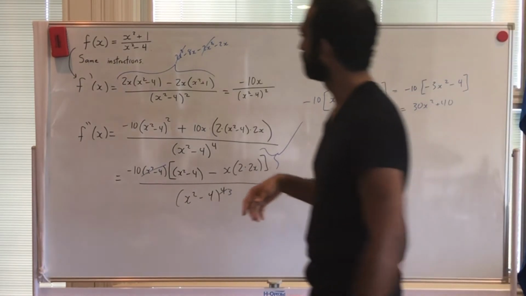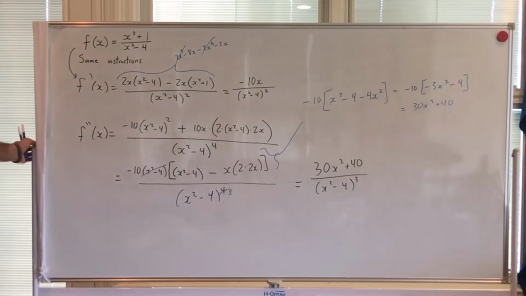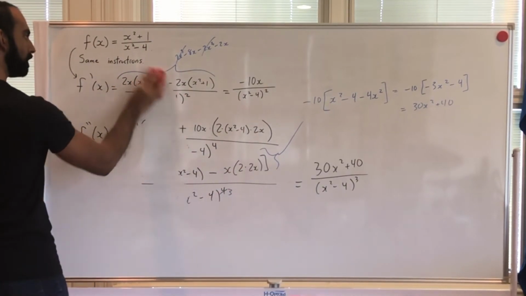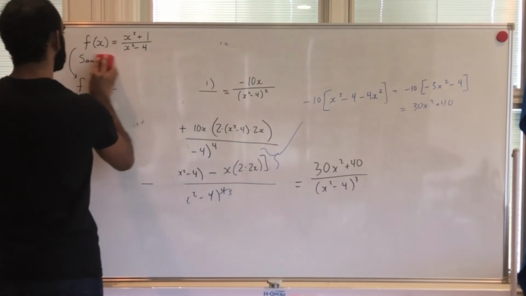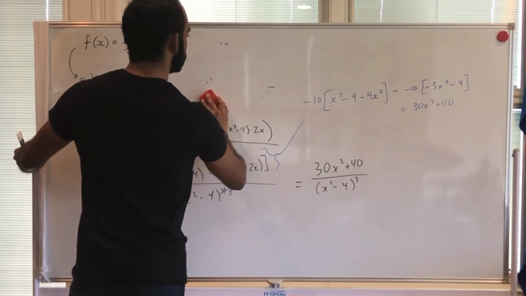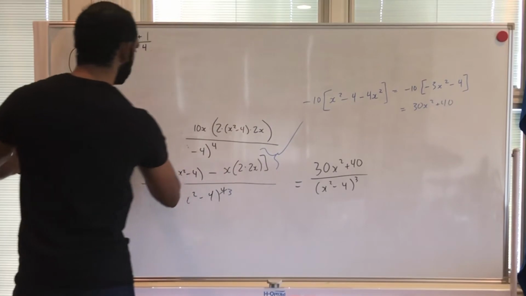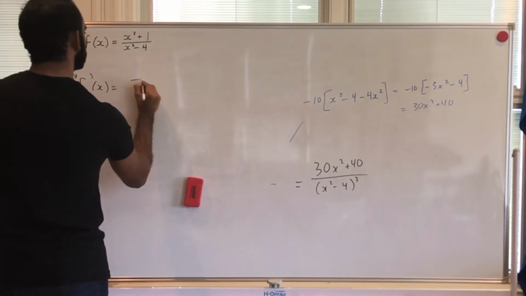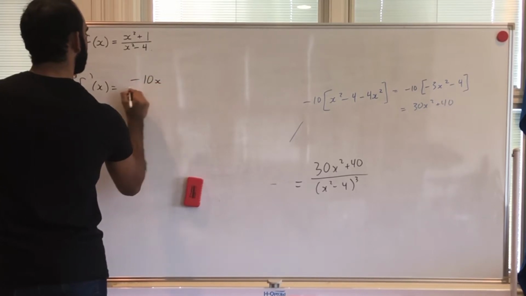I need some room for my interval testing and my graphing, so let's clear all this. The first derivative was negative 10x all over x squared minus 4, the whole thing squared.